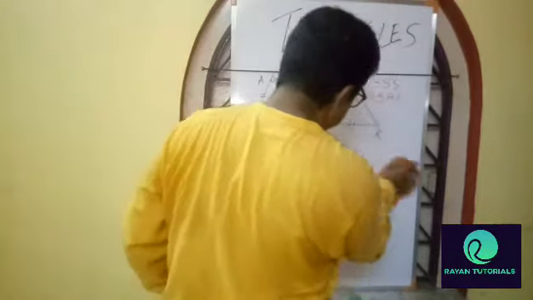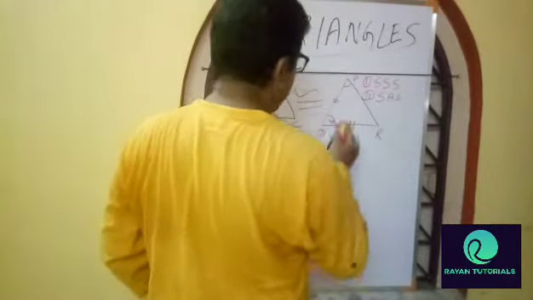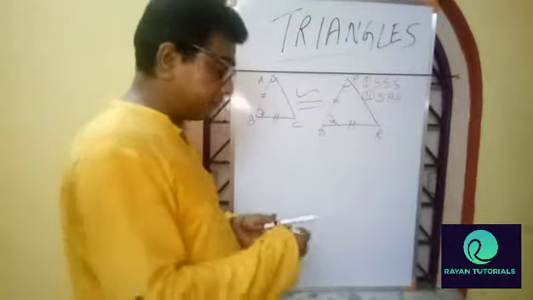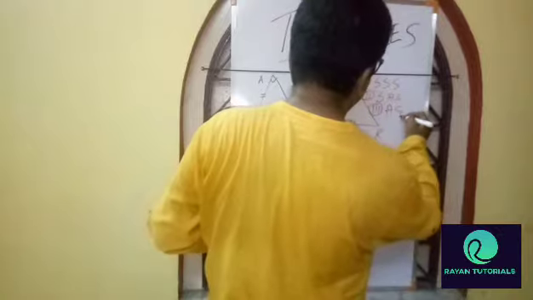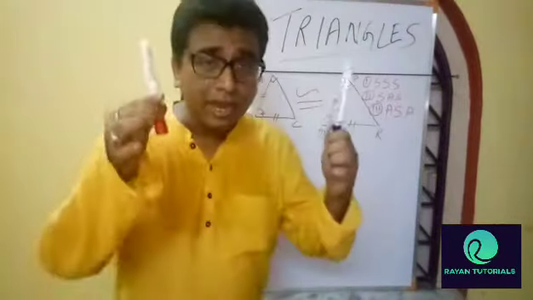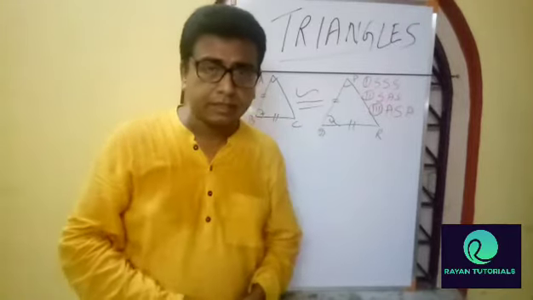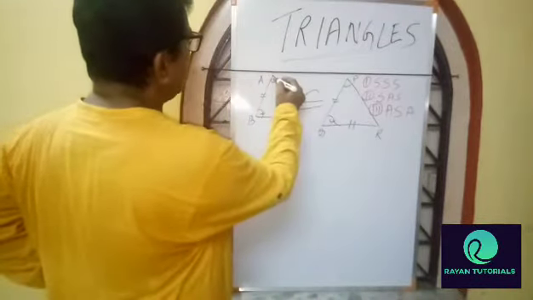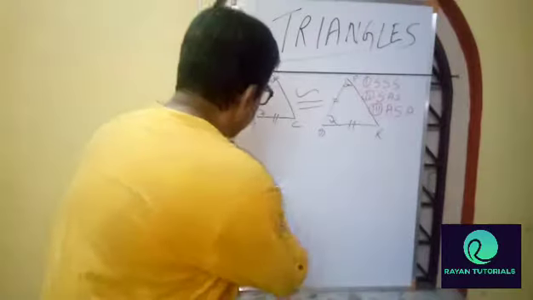Next, SSS you understood, SAS you understood. Now ASA. ASA means two angles and a side in between the two angles. Suppose this angle is equal to this angle.